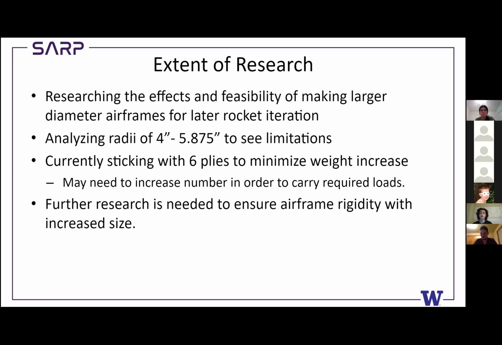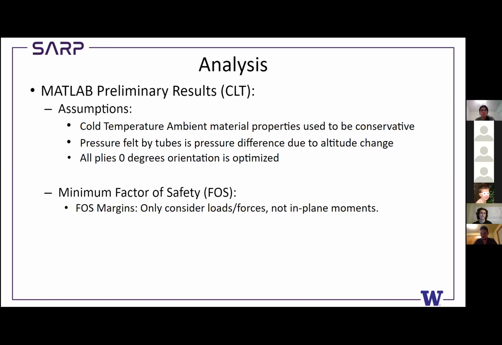As we continue researching to analyze the structural integrity, we may have to increase it and adjust it for certain tubes. The actual rigidity of the airframes and the stiffness of the material at those increased sizes need to be researched, but we just need to continue looking into that.